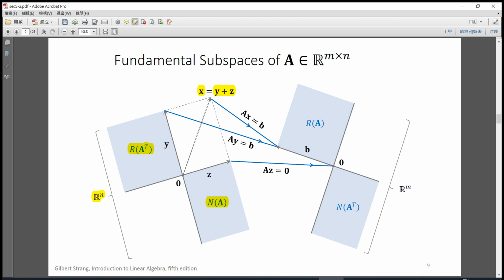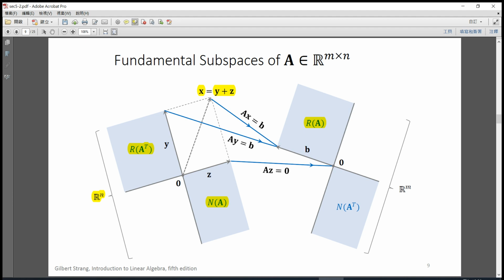Then we have Ax equals Ay plus Az, which also equals b, because Az equals 0, because z is in the null space of A. And note that b is in the column space of A.